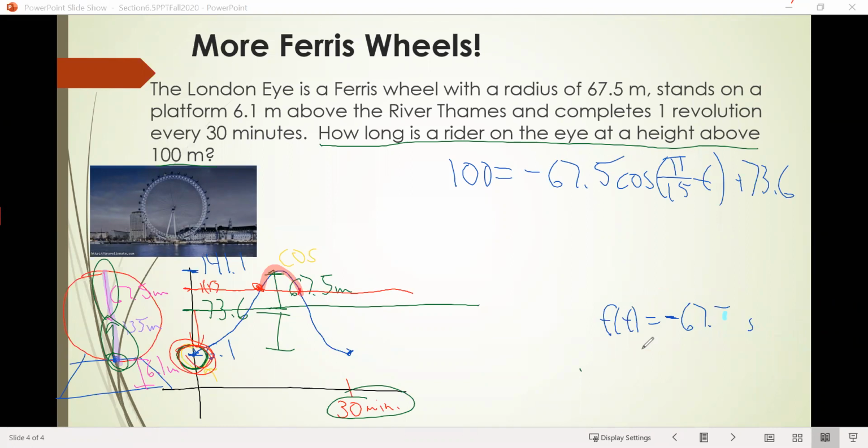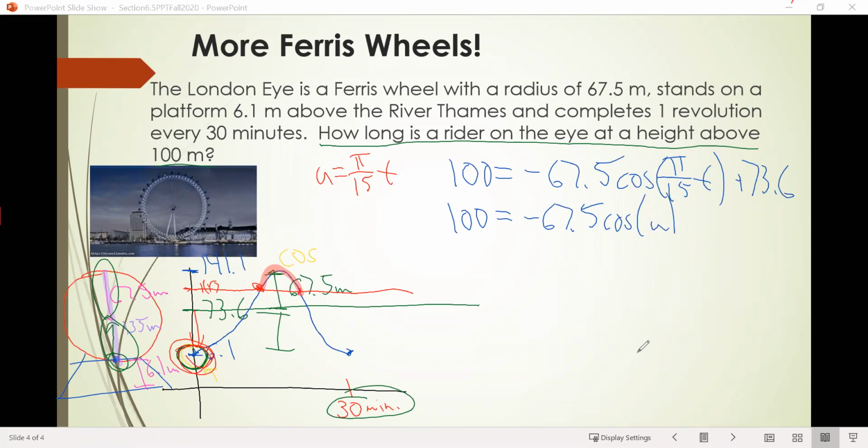Okay, and we can use a u substitution here because we have that pi over 15t on the inside. So we'll say u equals pi over 15t. So this would then make this 100 equals negative 67.5 times cosine of u plus 73.6. Go through and solve that.